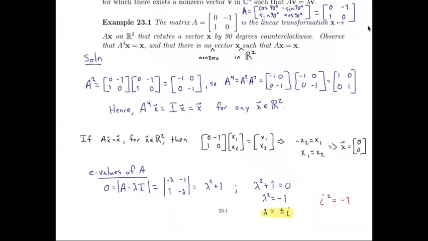Another theme in all of this that we'll see: we know that this is a rotational matrix. We're going to see that complex eigenvalues for matrices indicate that there's some kind of rotation or periodicity to the transformation that the matrix represents.